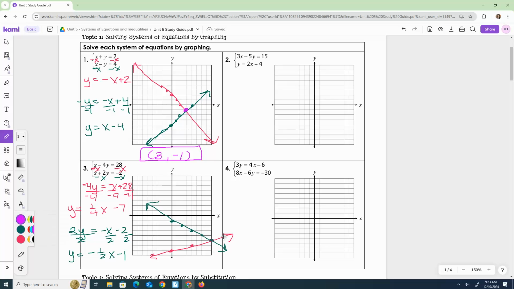And then my answer is where they meet. What is that point? Anybody tell me the point where those two cross? 8, negative 5.